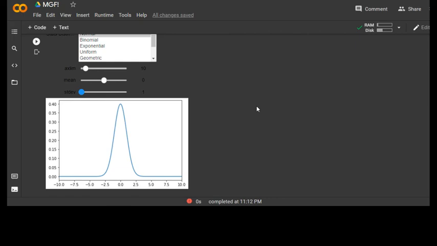If we take the center, is the left heavier than the right side, or is the right heavier than the left? That's all that skewness is doing. And kurtosis is how tail heavy it is. Are the tails heavier than the center, or not? That's all that kurtosis is checking.